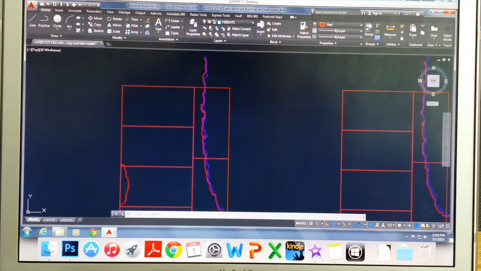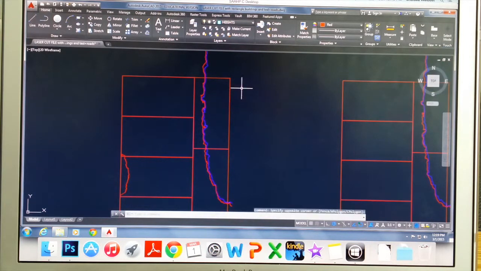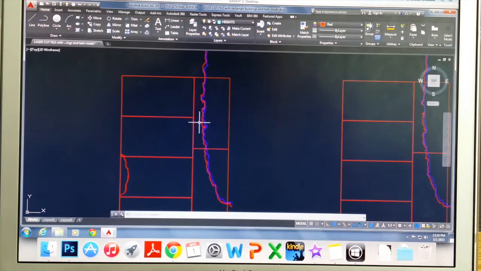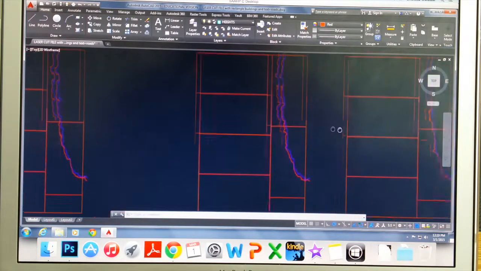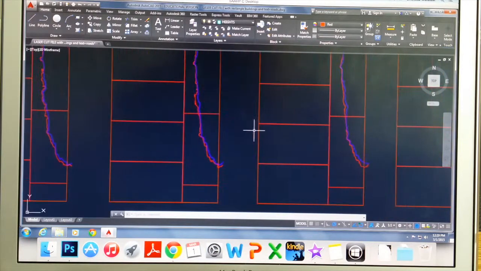So the way that this works is that this entire area here would essentially be the piece to use for the site model, as well as this piece here. So you just keep working your way.